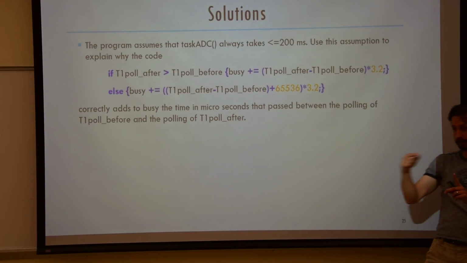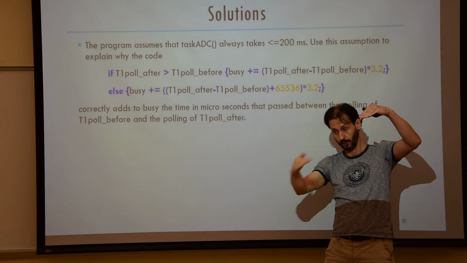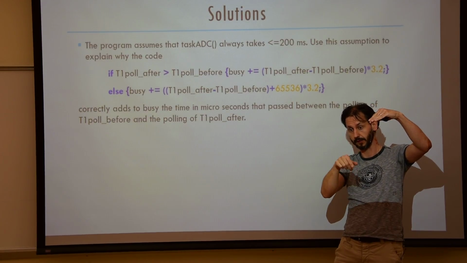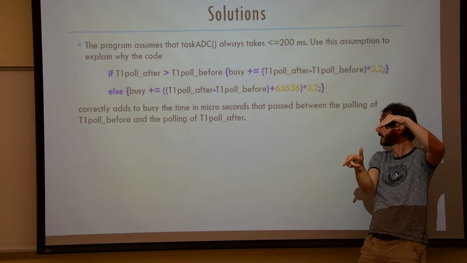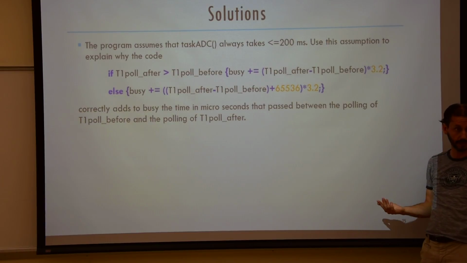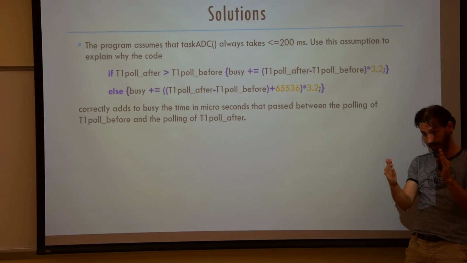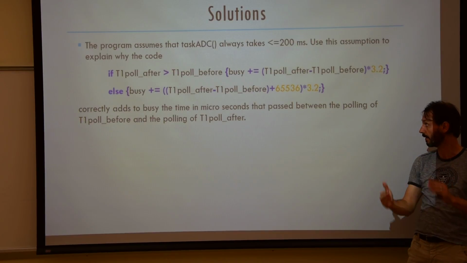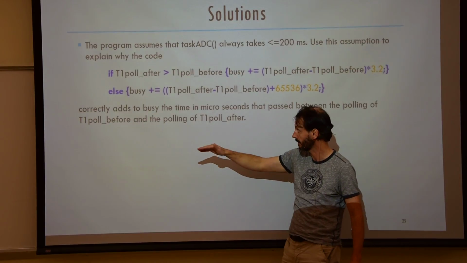So if I'm having my T1 pulse before somewhere over here, and T1 after is larger than T1 before, then the difference in counts is clearly multiplied by 3.2, the amount of microseconds that lapsed, that you have measured in that interval, according to TCNT1 tick increments.